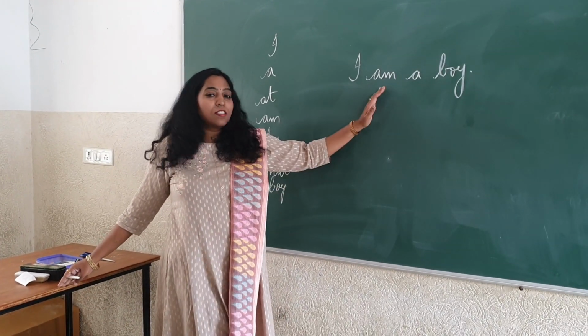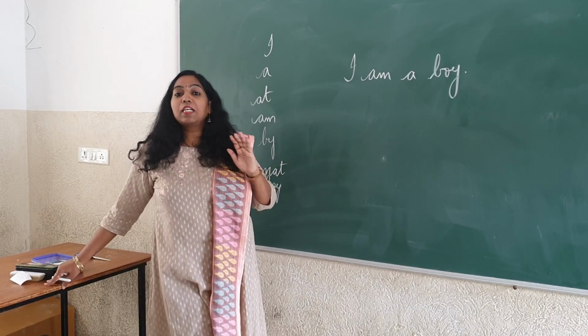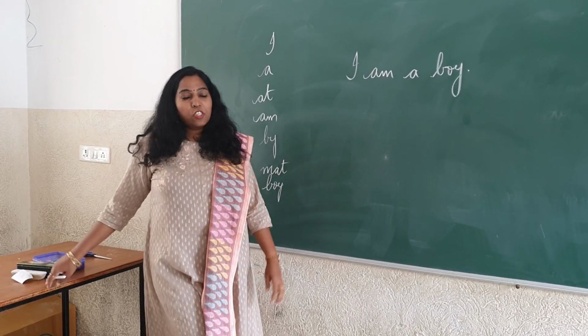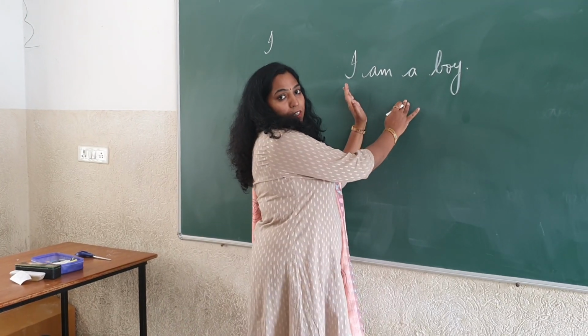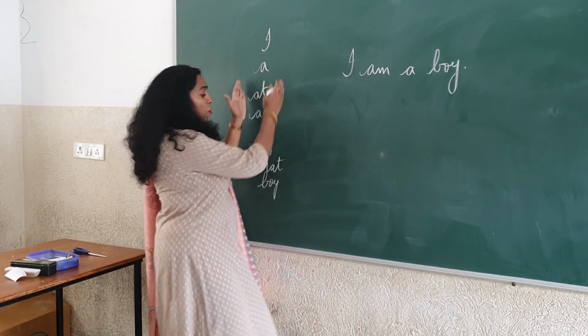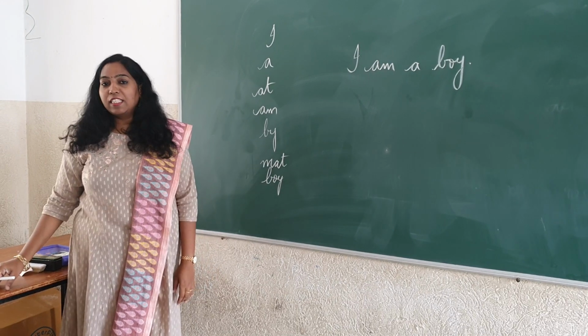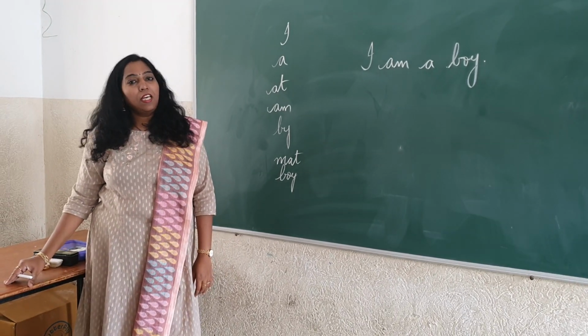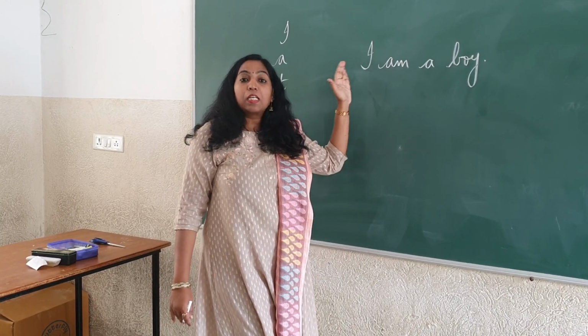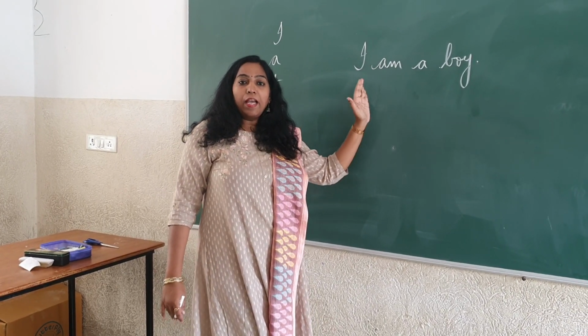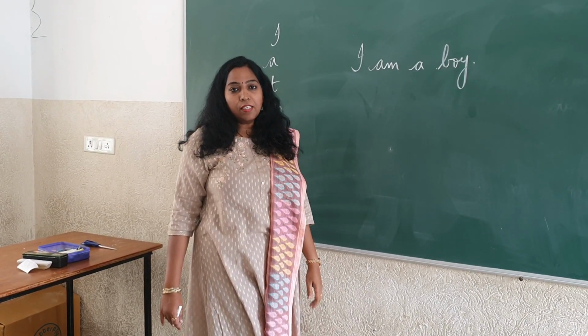Right. So this is something that is making complete sense. Yes? So we have a group of words here. We also have a group of words here. However, this group of words does not make any sense, does not make any meaning. But this group of words makes complete sense. I am a boy. Yes?